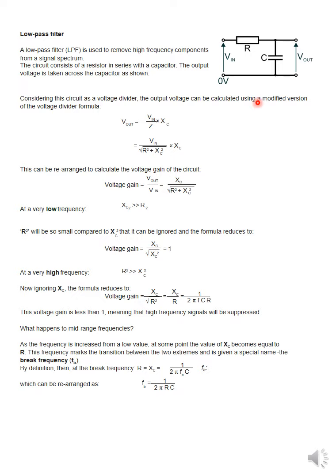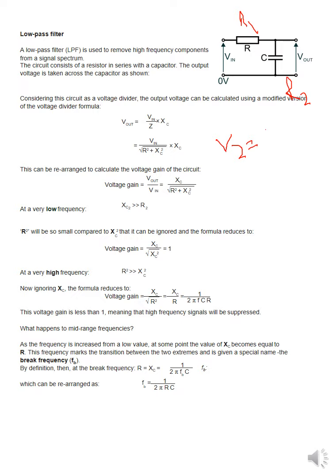So if you know the formula for voltage divider, suppose we have a resistance R1 here and a resistance R2 here. Let me bring the pen. So suppose this is R1 and this is R2. Just to explain how the voltage divider works, suppose you want to find the voltage across R2.